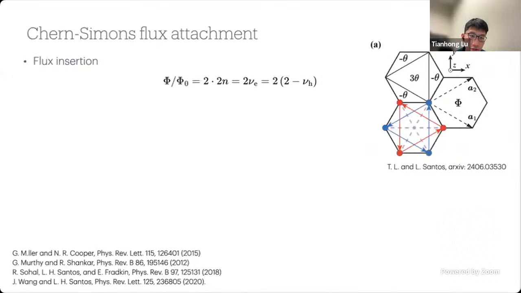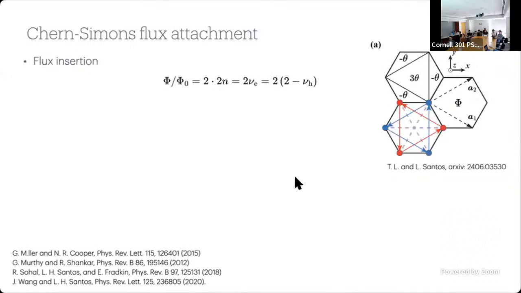By rewriting the notation, the inserted flux is 2 times the filling fraction of electrons. But in the experiments, they're doing hole doping, so eventually we focus on the filling fraction of holes. So we also translate that to the relation between flux insertion and the hole filling fraction.